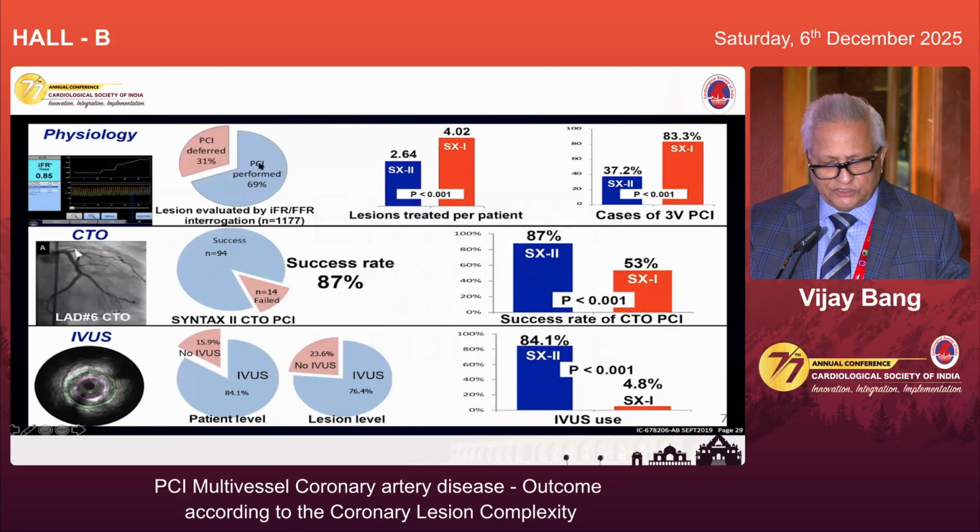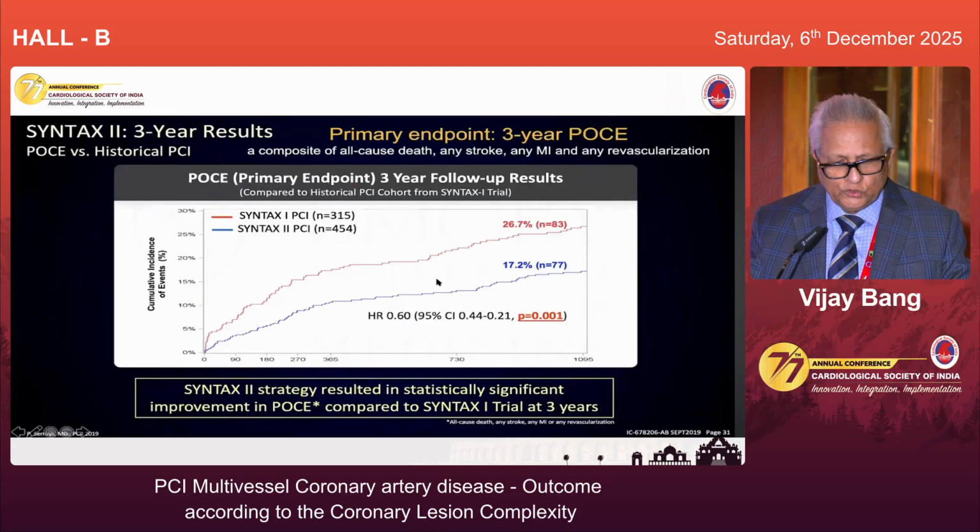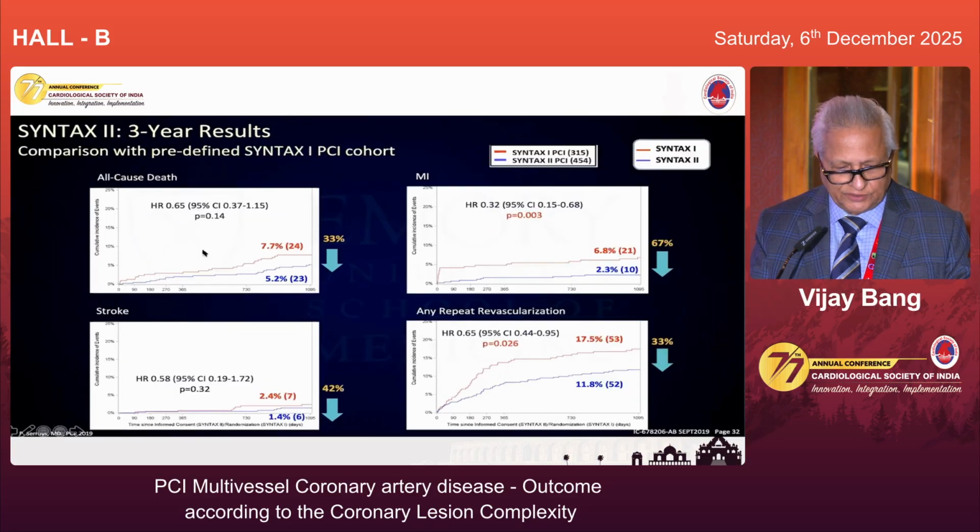Looking at the physiology, it is very important that we assess the physiology as we have discussed, and this is what physiology will tell in summary. So using all these 3-year results comparing SYNTAX 1 versus SYNTAX 2, you can see the cumulative event rate MACE is significantly lower in SYNTAX 2 using all the adjunctive devices like physiology, IVI, and latest generation stents.